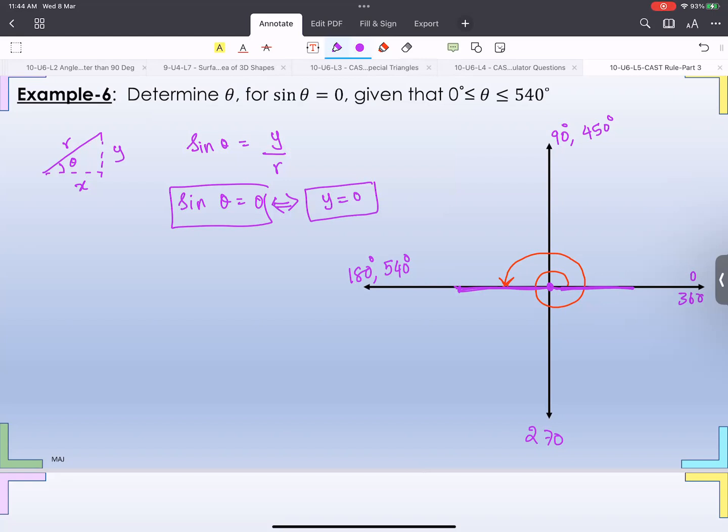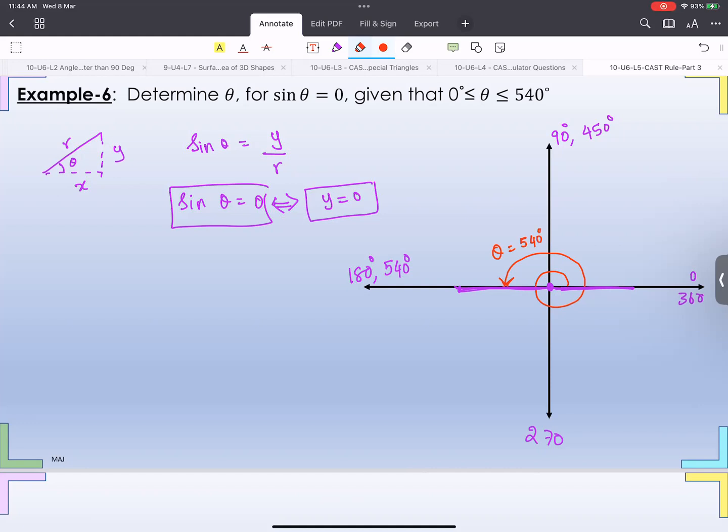How do we find the value of theta? We have to see where this entire squiggly thing I've drawn, that is theta. Theta is equal to 540 degrees.